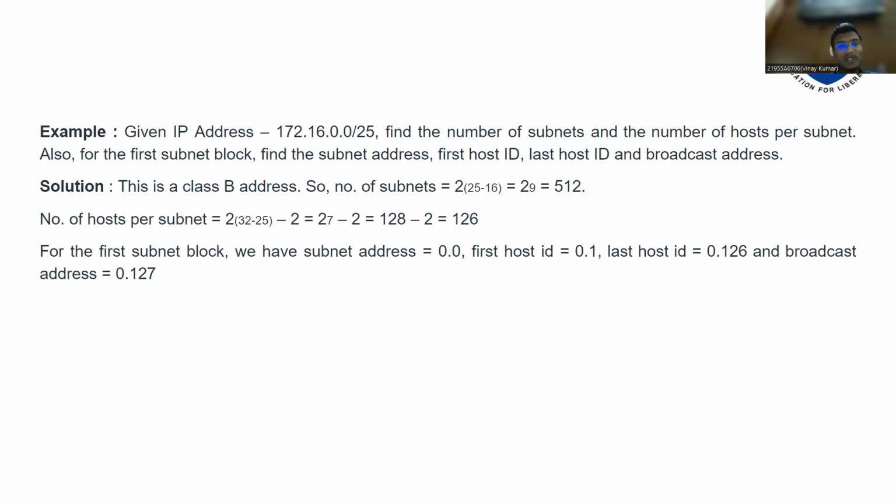So the number of subnets equals 2 to the power of 25 minus 16, which is 2 to the power of 9, which results in 512. Number of hosts per subnet equals 2 to the power of 32 minus 25, minus 2, equals 2 to the power of 7 minus 2, which is 128 minus 2, equals 126.